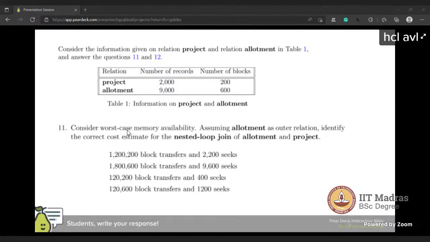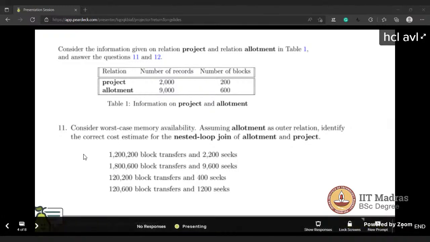Identify the correct cost estimate for the nested loop join of allotment and project. So you have to see the number of block transfers and number of seeks, and the options are given below: option A, option B, option C, and option D.